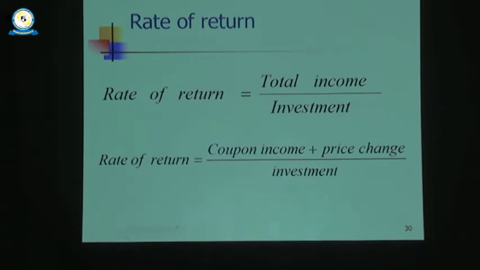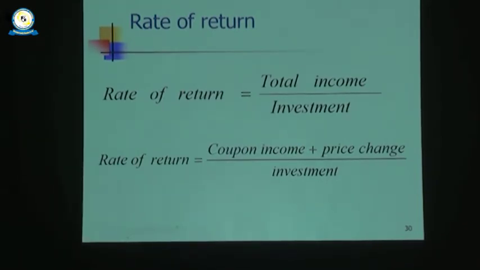When you take the total income of the bond and divide it by the investment cost, you get what we call the rate of return.